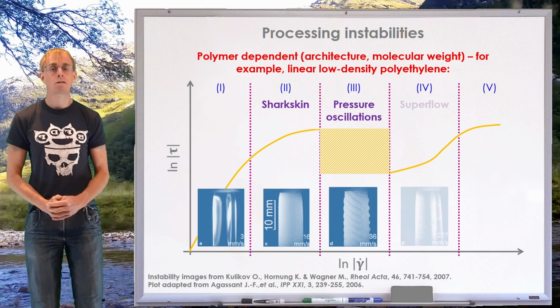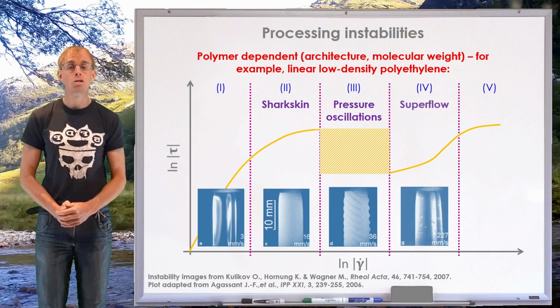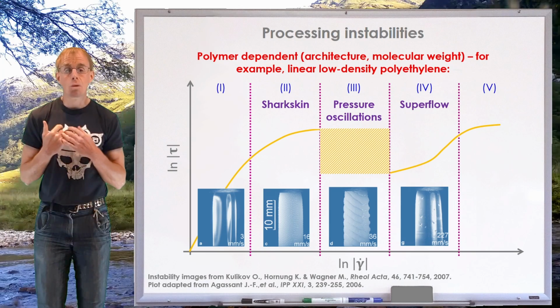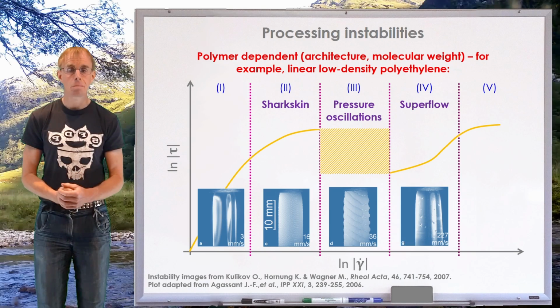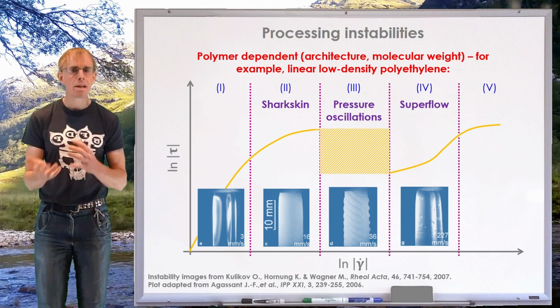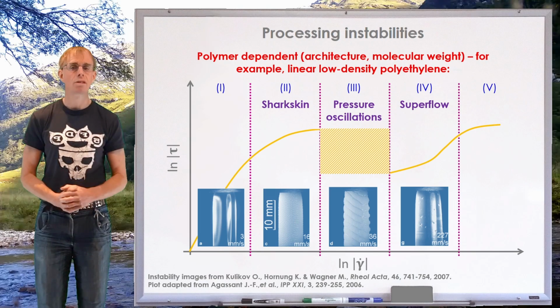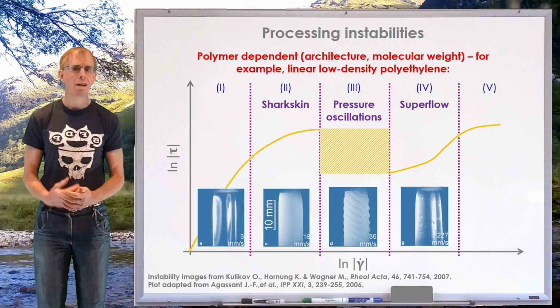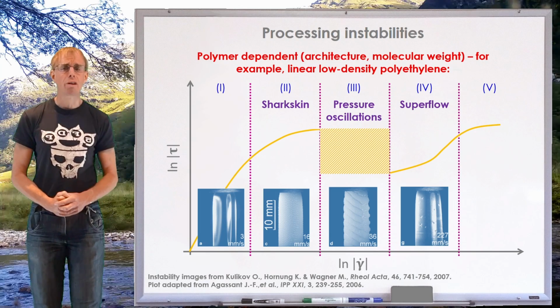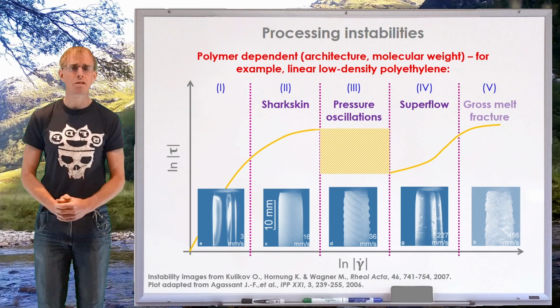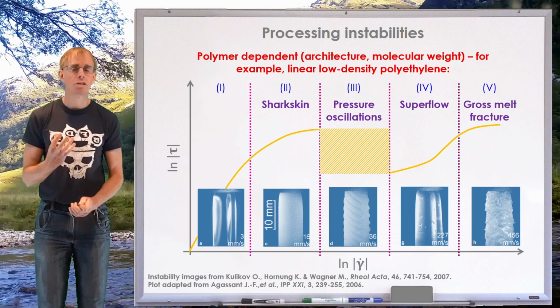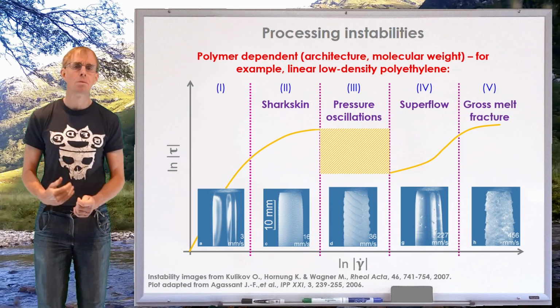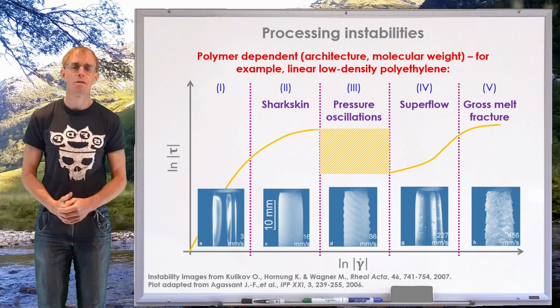Exiting region 3 and into region 4, we have a region what is called superflow, where you've got what appears to be a stable extrusion, but there may be defects, quite large defects as you can see there in the picture, that manifest from time to time. So it looks stable, but it's actually not, and it's perilously close to region 5, which is where everything tends to fall apart, and the stresses are so high in the polymer that you end up with a region called gross melt fracture.